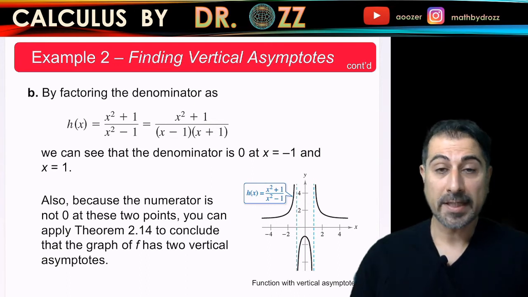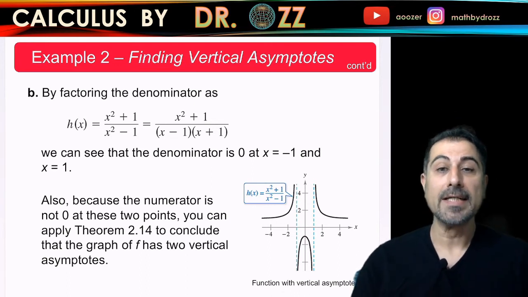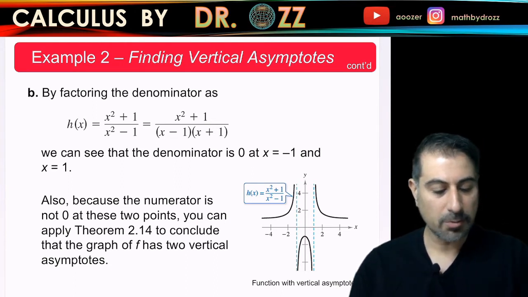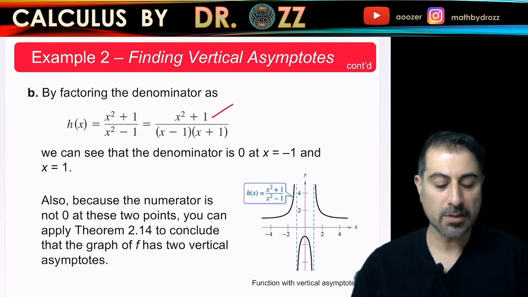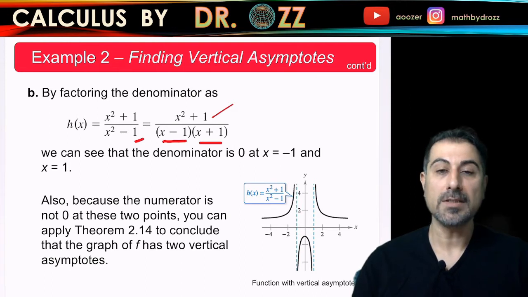You can also see the cancellations of factors, if there are any, so that you avoid 0 over 0 type situations. In this case, the numerator is irreducible, so you can't factor it more, but x squared minus 1 is reducible, and it's the product of x minus 1 and x plus 1.